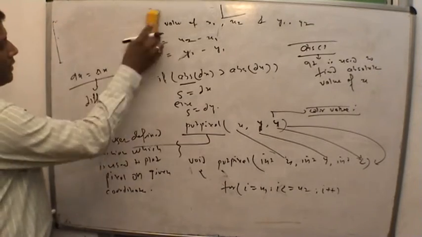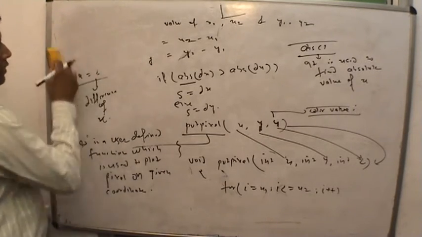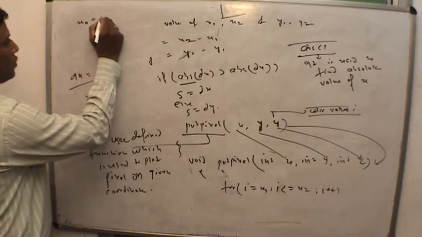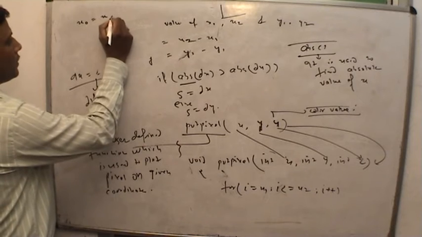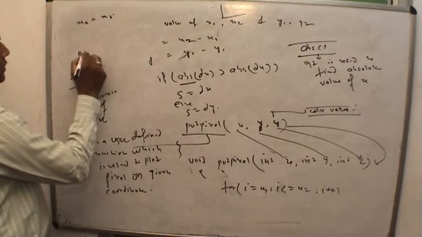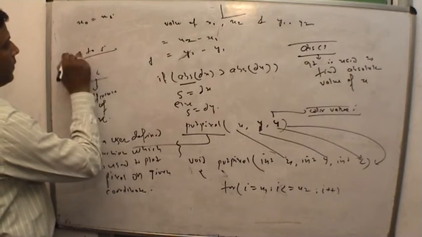We can find previously the last coordinate, like when x0 goes to x5 when we plot the pixels 0 to 5.